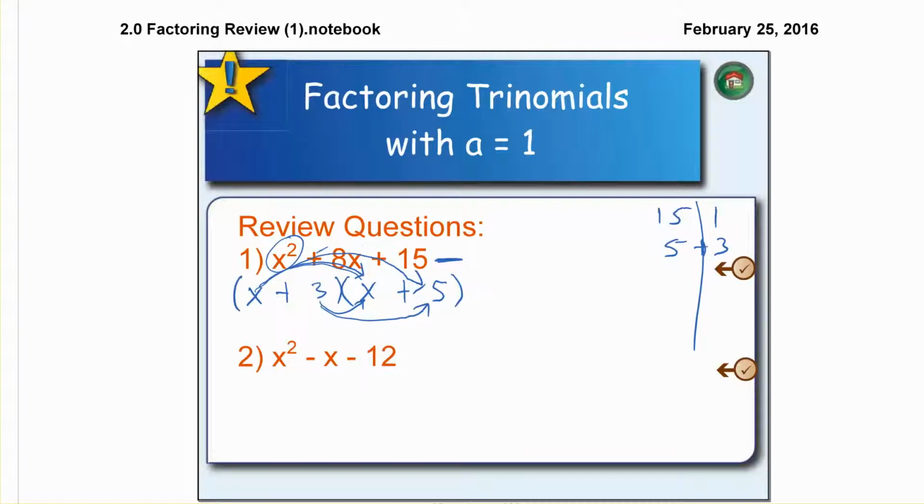The 8x came from x times the 5, the second one here, and then the 3 and the x, because you added those together. So they ended up making 8x. And then this 15 comes from 3 times 5. So that's where this all comes from, if you weren't keeping track.